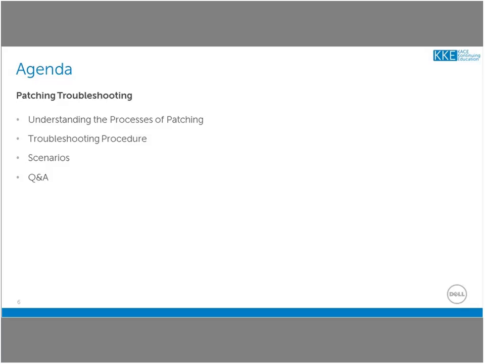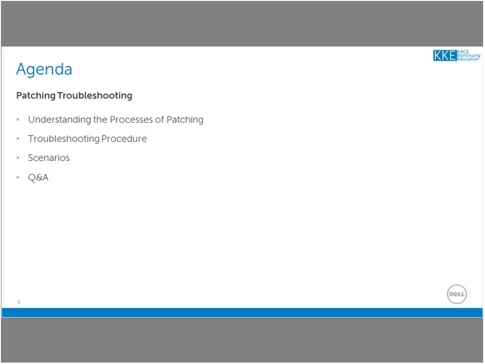You really need to understand all that, because when you later start looking through the logs in your troubleshooting, you've got to understand what processes you're looking for, when they should run, and what they should look like. So we're going to cover that first, understanding the actual processes.